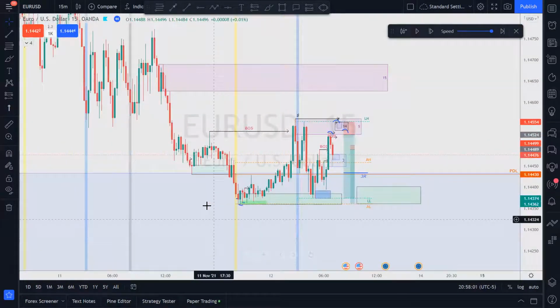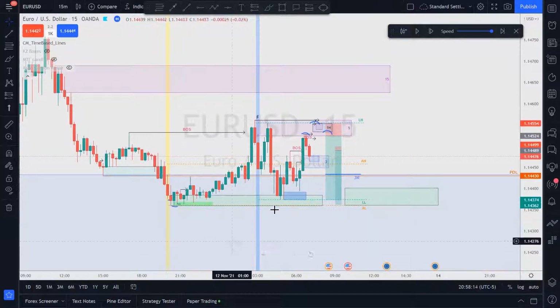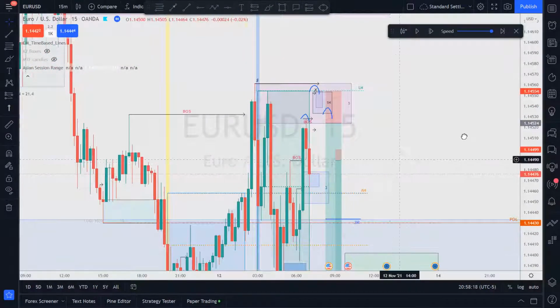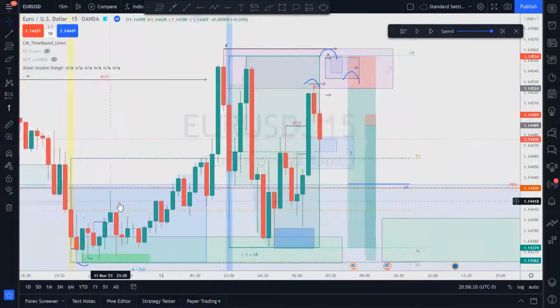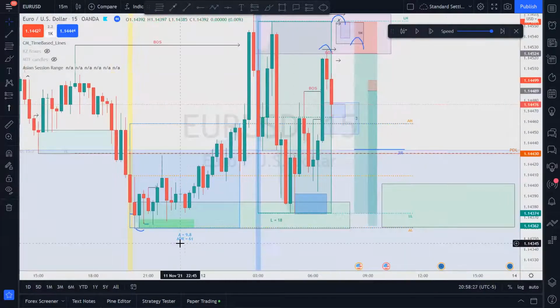Then you also want to look to see where the sessions ended. You can use the Asian session range by FXN. You see the blue color here? That's the Asian range, the highs and lows of it.